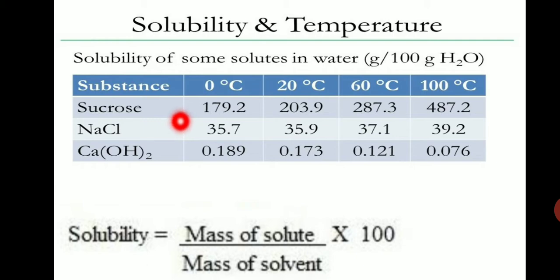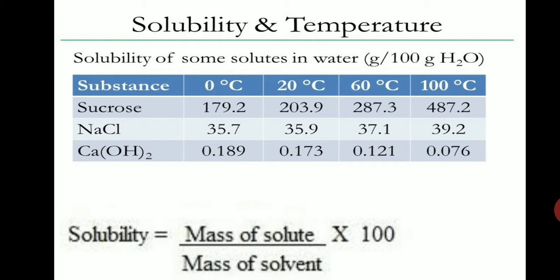The maximum amount of solute which can be dissolved in 100 grams of a solvent at a specified temperature is known as solubility. So the solubility differs from one solute to the other.